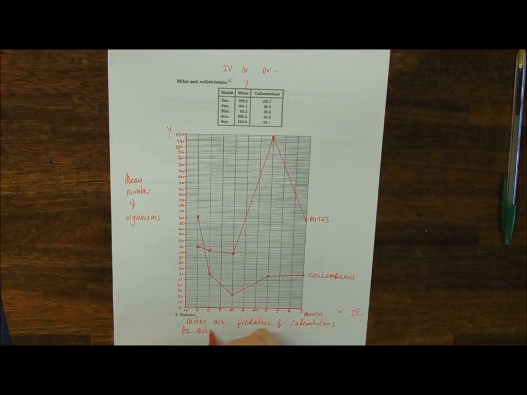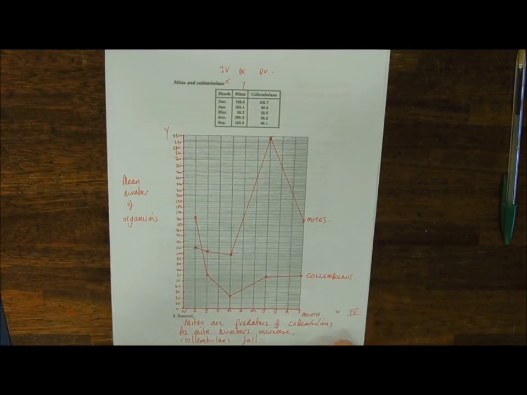As mite numbers increase, collembolans fall. So one is eating the other, and that's that one.